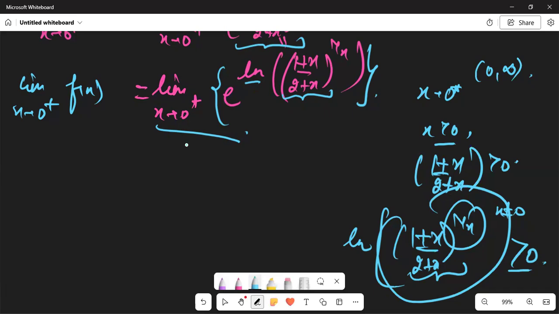Okay. Now you need to evaluate this limit. So to do this, you need to write this again. You know that exponential is a continuous function. I have mentioned this in the previous videos as well, that when you're talking about a continuous function and you need to evaluate this limit, this is nothing but f at the point c.